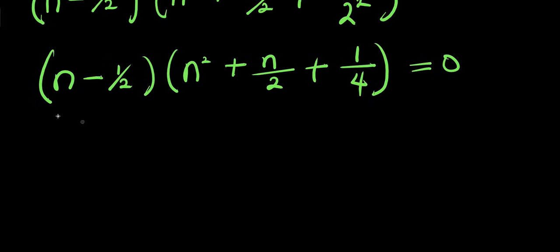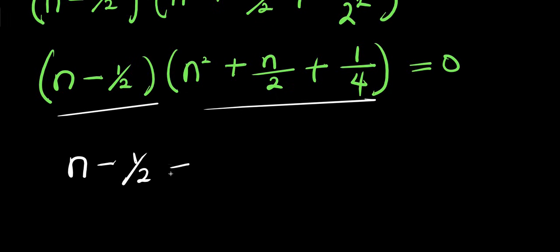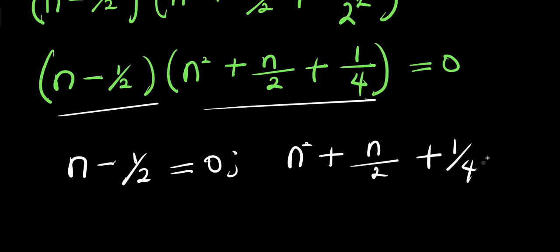So right now, I can equate each of these to 0. I will simply have n minus 1 over 2 equals 0, and n squared plus n over 2 plus 1 over 4 equals 0.